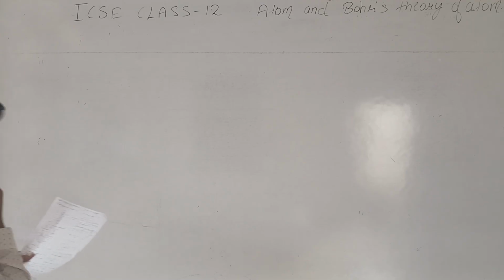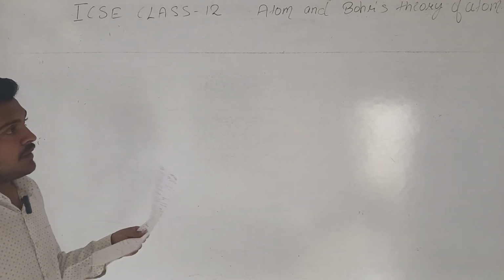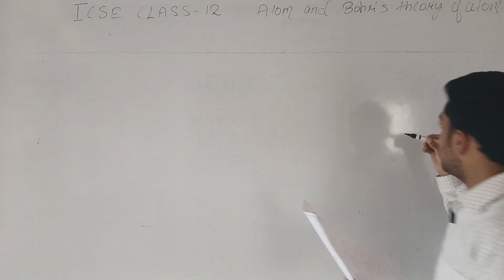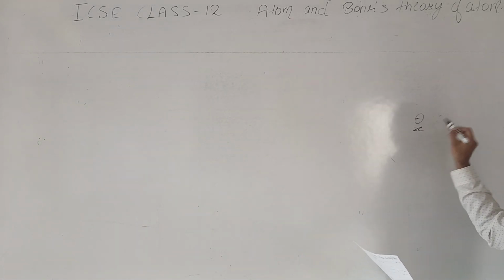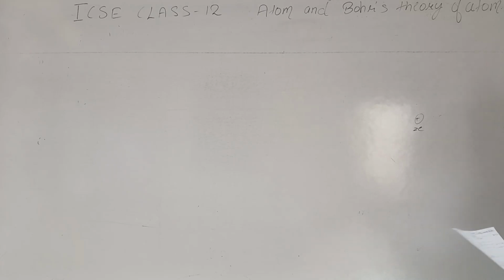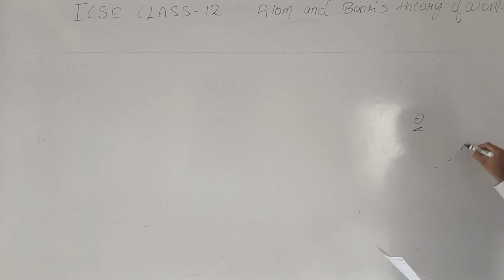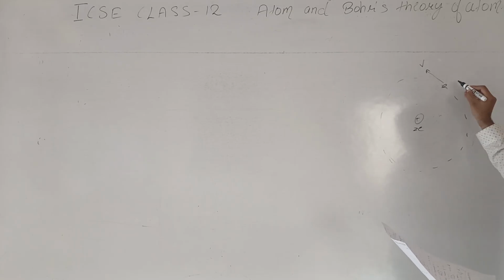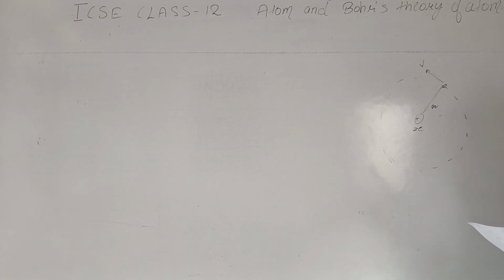As we know, we have a nucleus with charge Z into E, where Z is the atomic number, the number of protons, and here we have an electron orbiting around it with tangential velocity V. Charge is minus E, and let R be the radius of the atom.